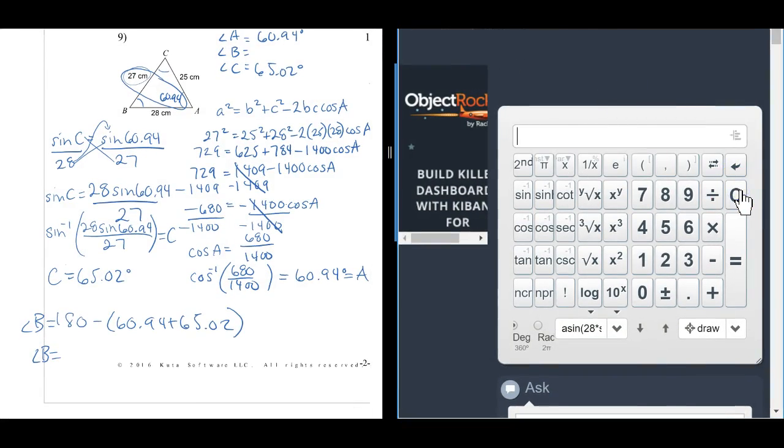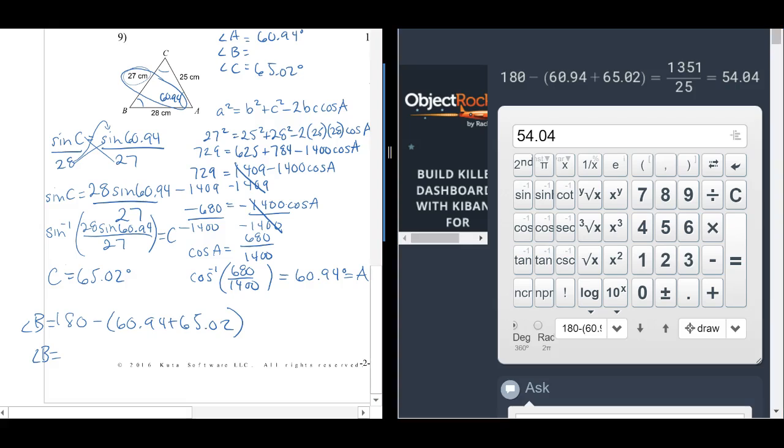Clear that. Okay, so we're going to do 180 minus 60.94 plus 65.02 and equals 54.04. So our last angle is 54.04 degrees.